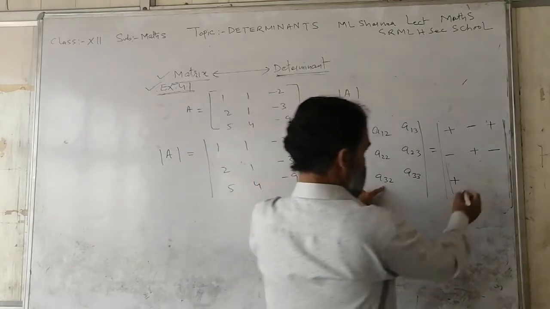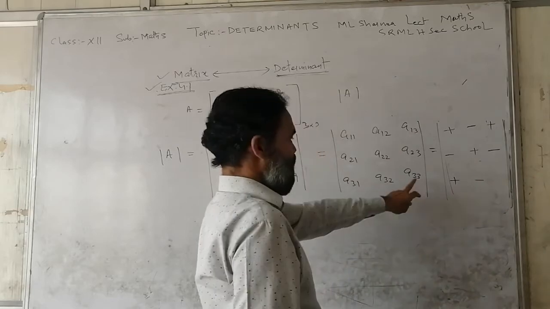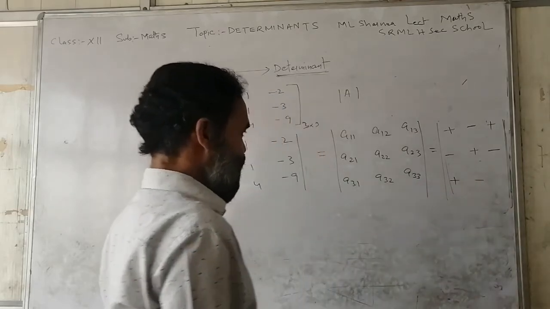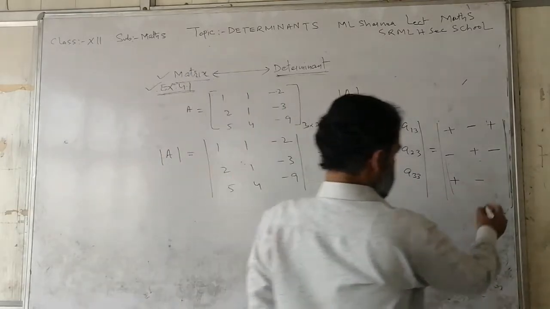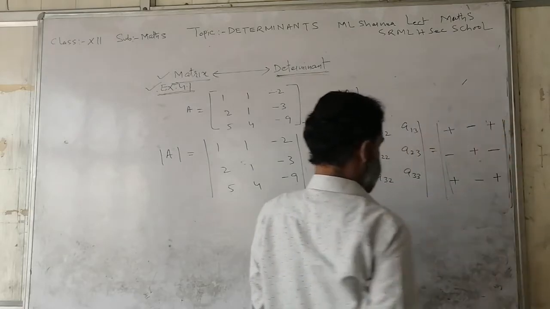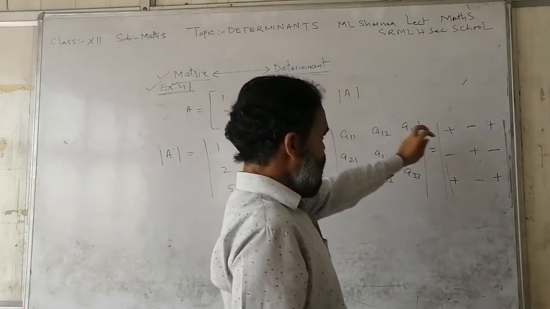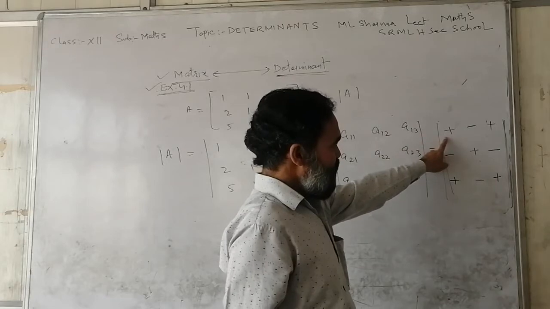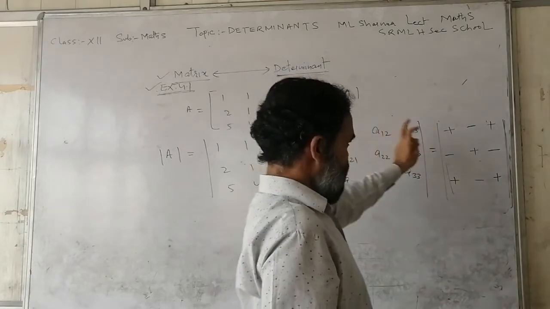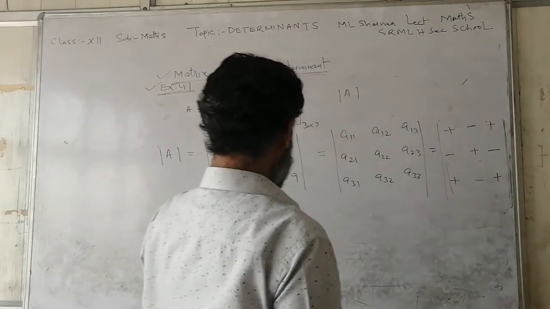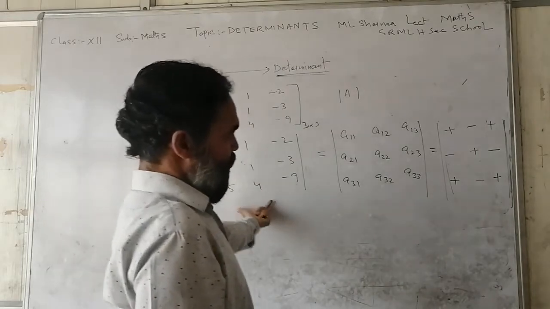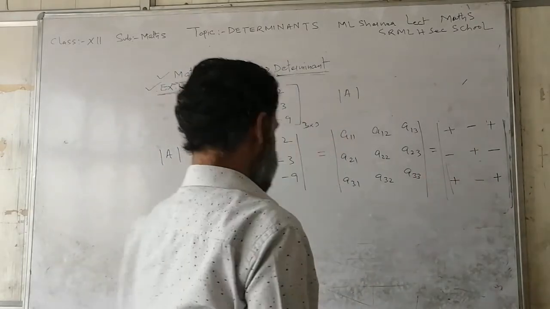It is an odd number, so minus sign here. And 3 plus 3, it is 6. And 6 is an even number, so I will use positive sign here. So whenever there is an even number, positive sign is used. Whenever there is an odd number, negative sign is used. So for this expansion, I will make use of these signs.